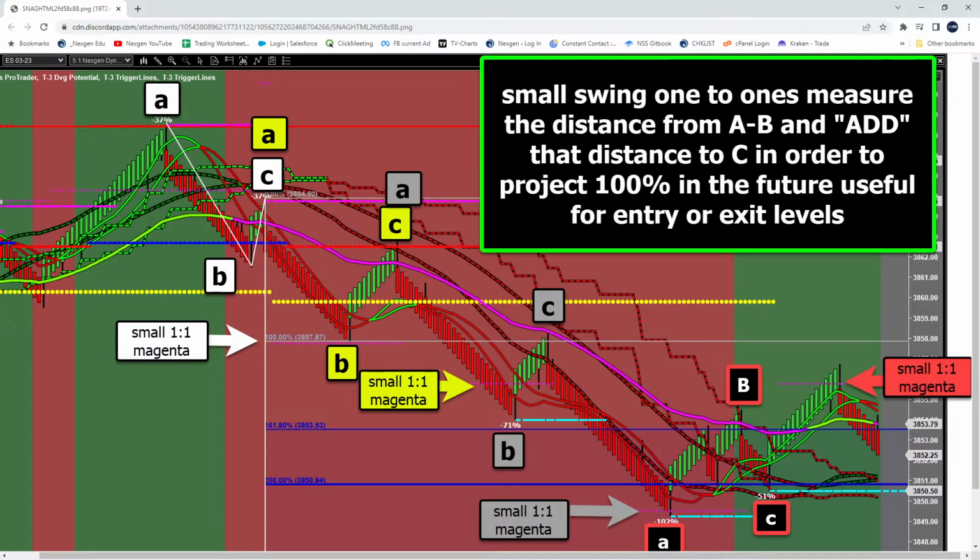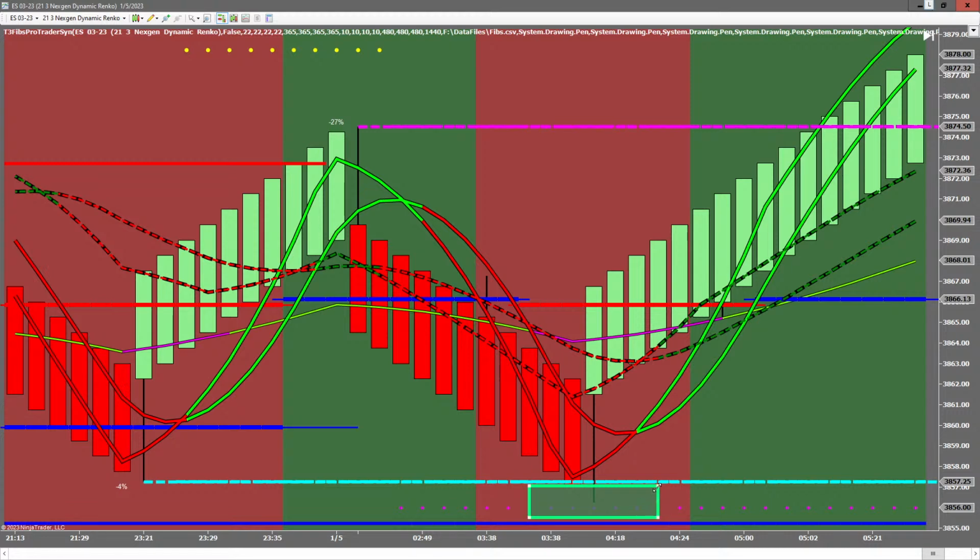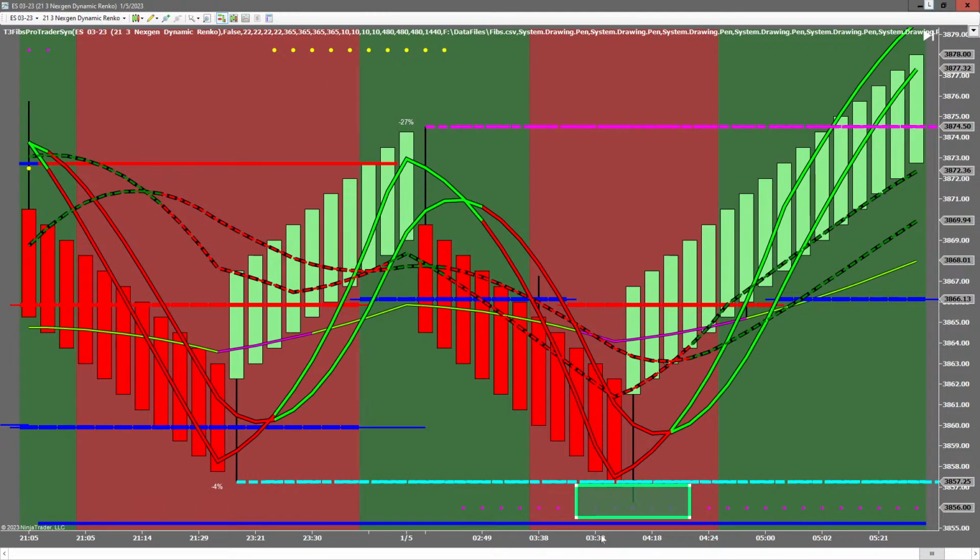The point being is that when you have one-to-ones and they happen to land at Fibonacci areas and/or pivot stop-outs, this starts to create a layering effect. That's really what we're looking for. We're looking for 1, 2, 3, 4, 5 different things to all agree at the same time.